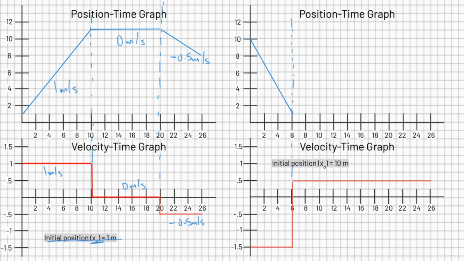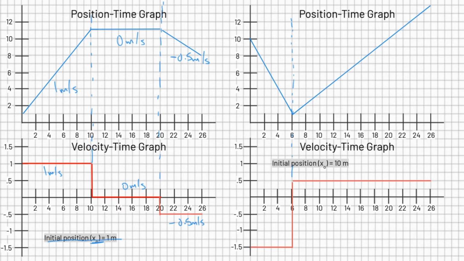All right, and then we have a positive velocity of 0.5. So we're going to start at y equals 1, x equals 6, and we're going to go up to y equals 14 and x equals 26. So that is right there.